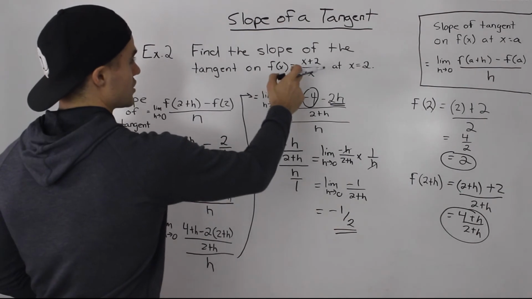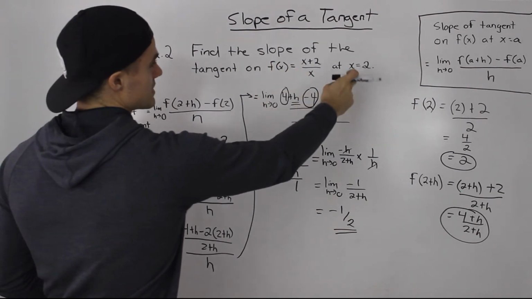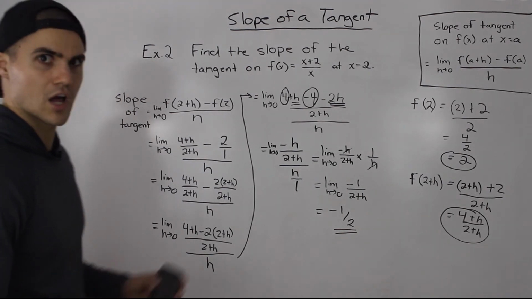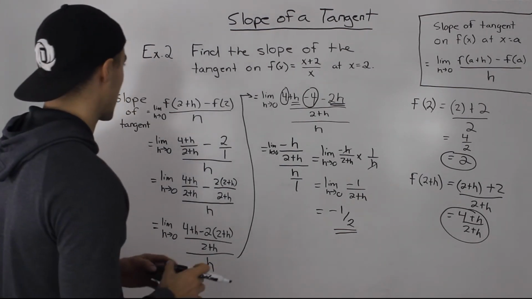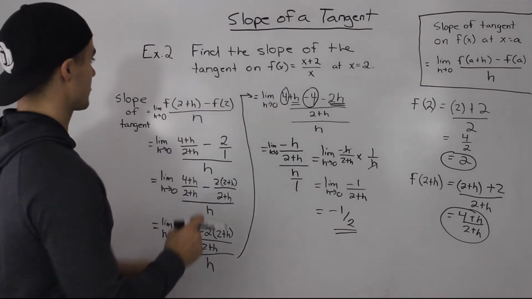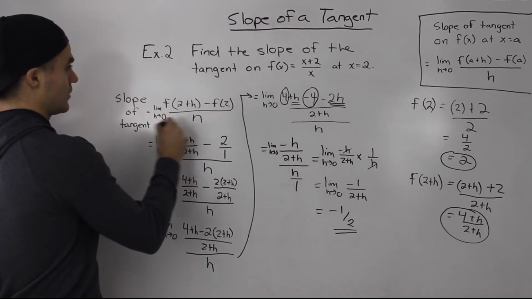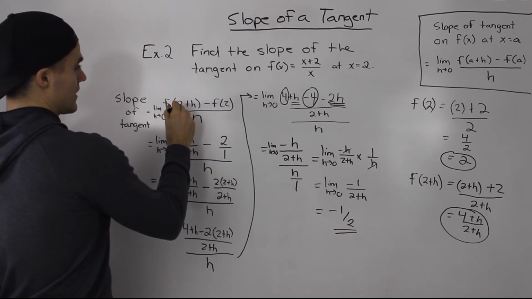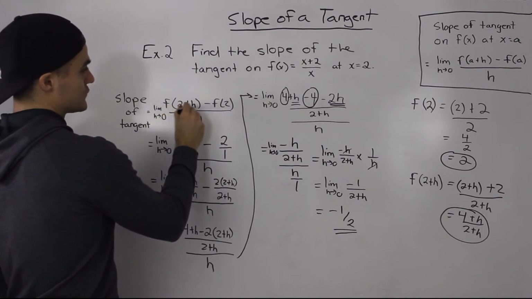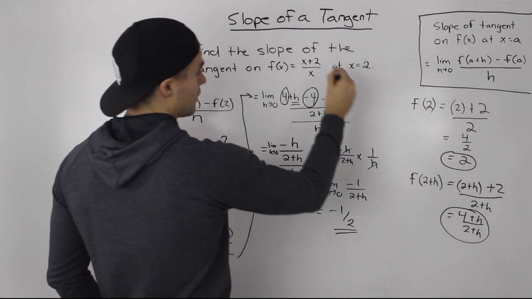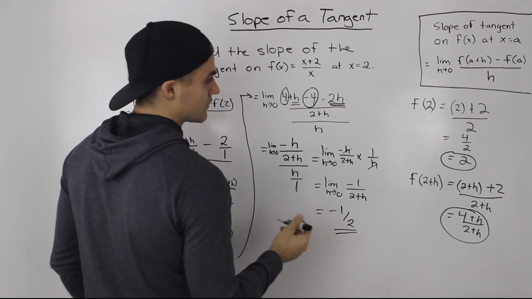So the slope of the tangent of the function x plus 2 over x at x equals 2 is negative 1/2. There's a lot going on here, so let's do a quick recap of what we did. So we were supposed to find the slope of the tangent. So we wrote out the difference quotient, and then we calculated f of 2 plus h and f of 2 on the side here with this function that we were given.